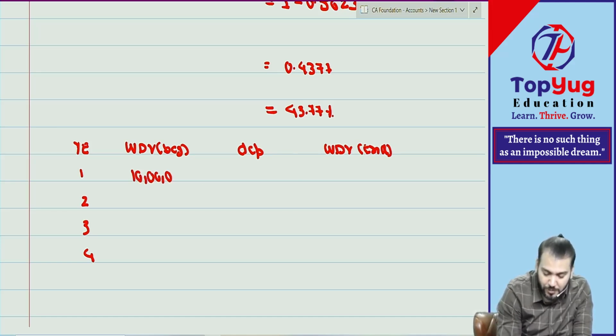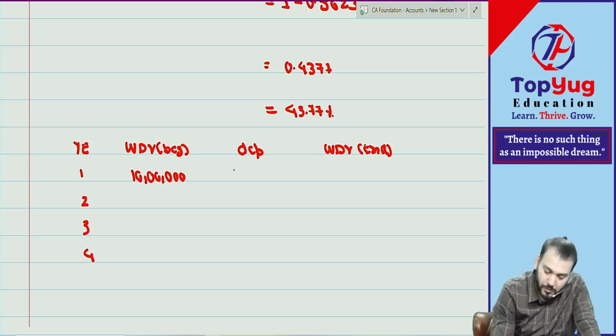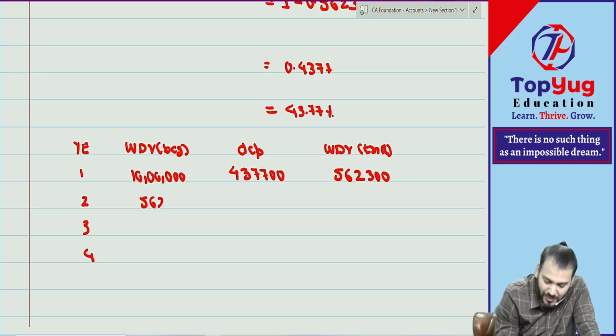Can you give me the depreciation? Four lakh 37,700. This is coming out 5 lakh 62,300. Then it becomes 5 lakh 62,300. How much?